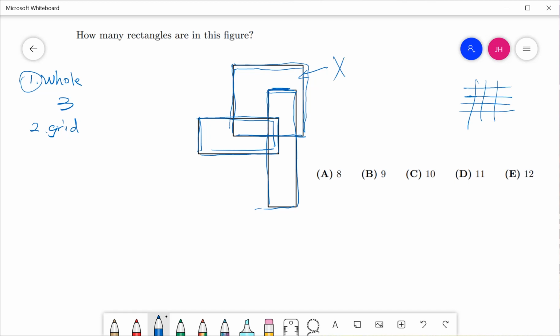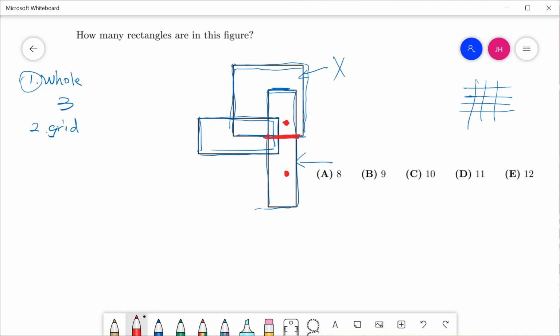And then let's look at this piece. Are there any lines that cut through it vertically or horizontally so as to split this rectangle into pieces? So certainly yes, there is one. Do we see this red line? This one cuts through this rectangle horizontally so that it splits this rectangle into 2 pieces, the top and the bottom.